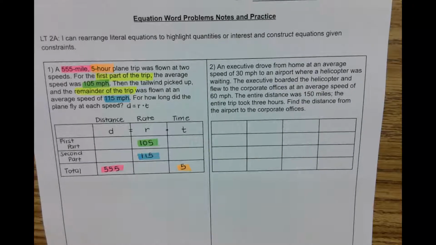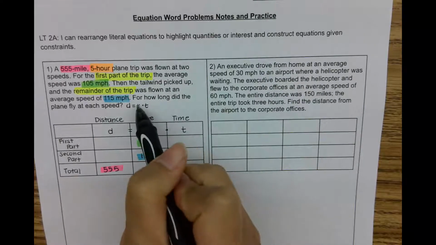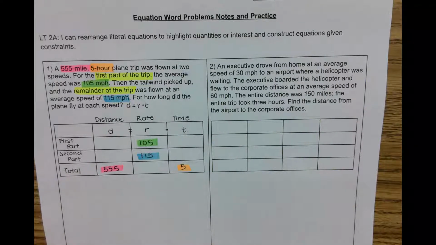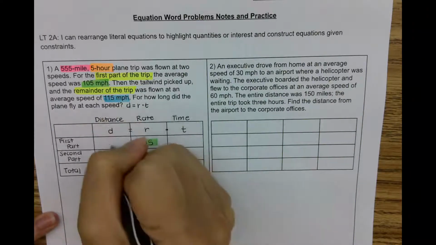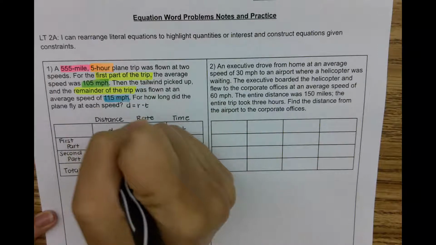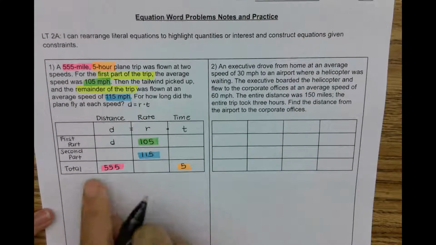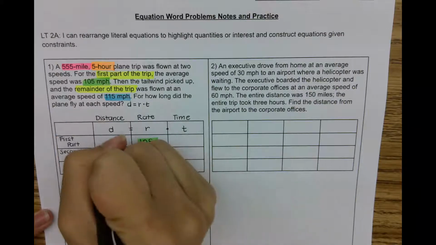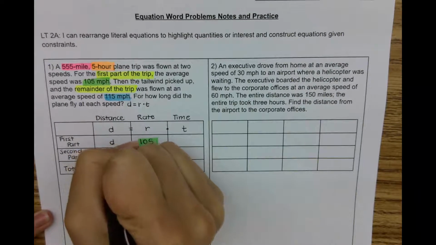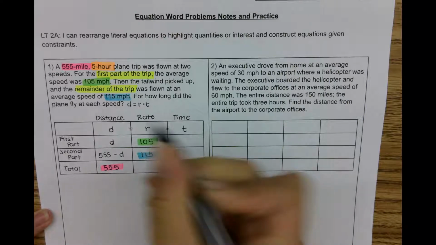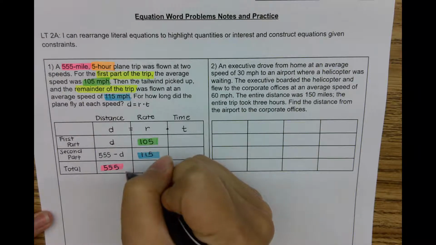Now we want to know how long the plane flew at each speed. If I said that my first part was some unknown distance d, I know that the second part has to be 555 minus d, because together they make 555.